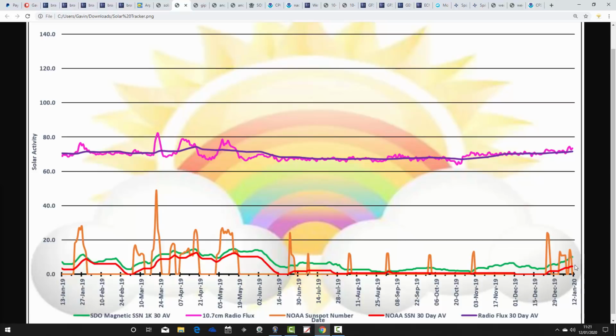They have lifted up slightly. Earlier on, you see that they were sort of flatlining away on the floor of the chart through the latter part of last year, but this little burst of activity has been enough to raise the trend lines up a little bit. Nevertheless, we're still at solar minimum.